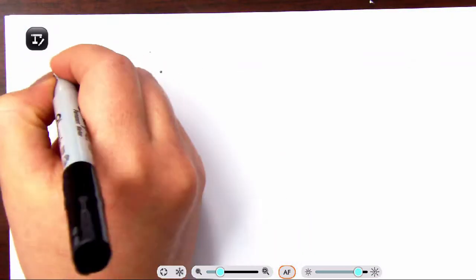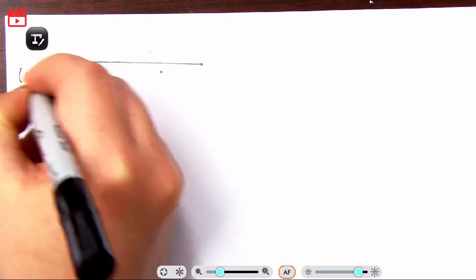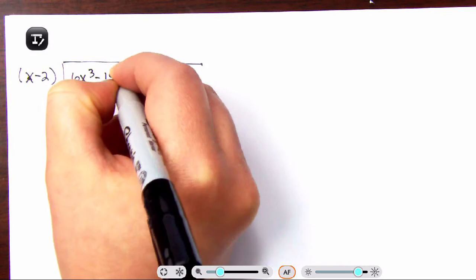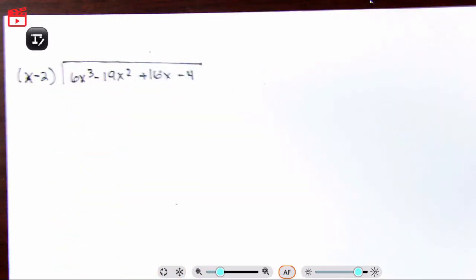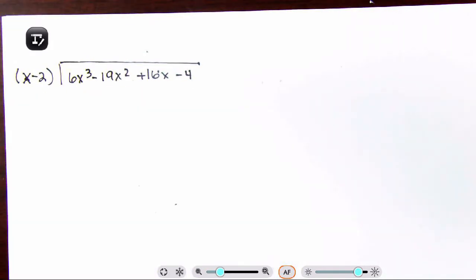So then let's call this step number, I don't know. This is x minus 2. What do we have here? 6x cubed minus 19x squared plus 16x minus 4. So we already did step number 1. We got this in decreasing order. We got no missing exponents. We got our dividend. We got our divisor. We're good. Now, this is how you're going to set this up.